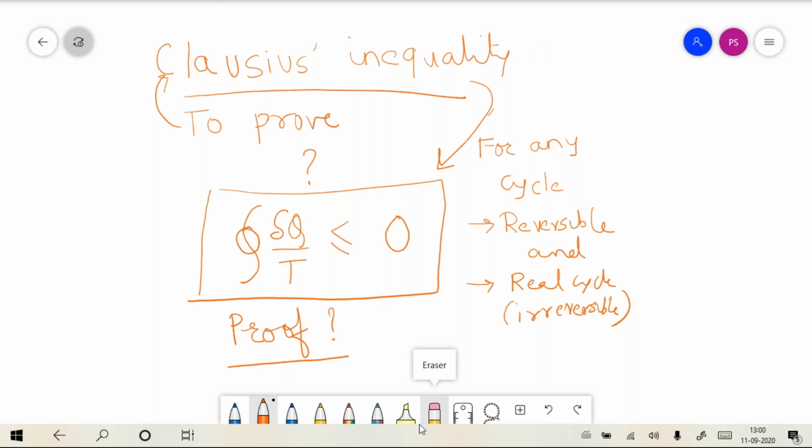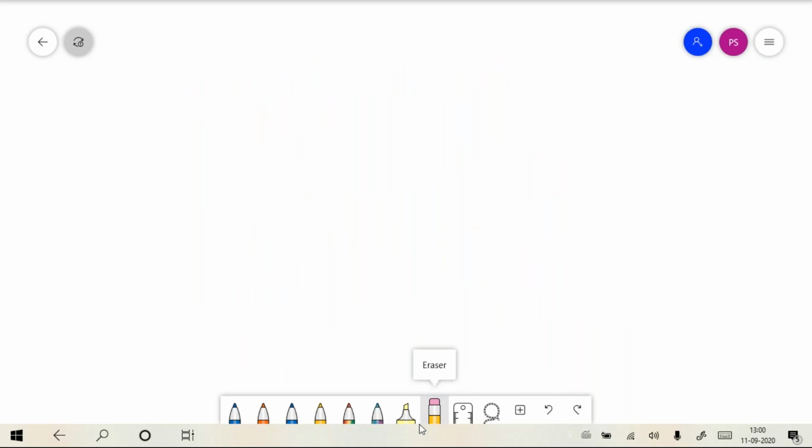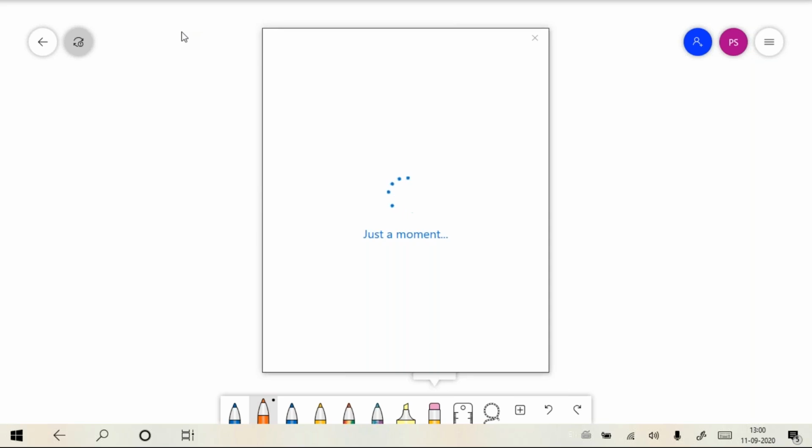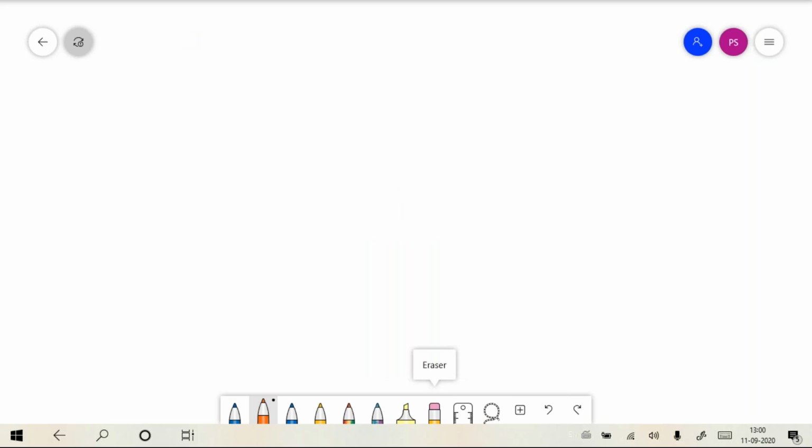My starting point, which I had already started with a poll question, is the famous theorem, namely the Carnot theorem. So to prove this inequality, I will be referring to what is known as the Carnot theorem. So what is the Carnot theorem?